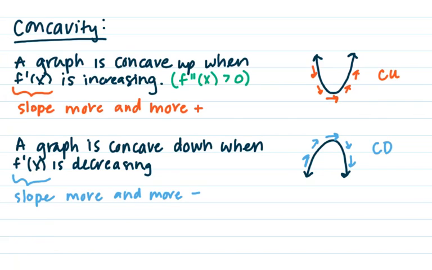Similarly, if our slope is decreasing, that means the second derivative, or how the slope is changing, is negative. So this is how we use the second derivative to identify when a graph is concave up versus concave down. We look for when it's positive versus negative.